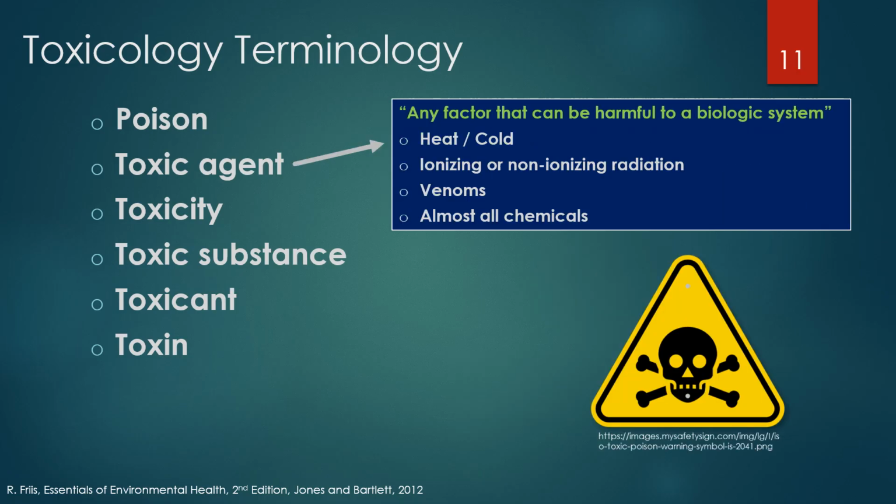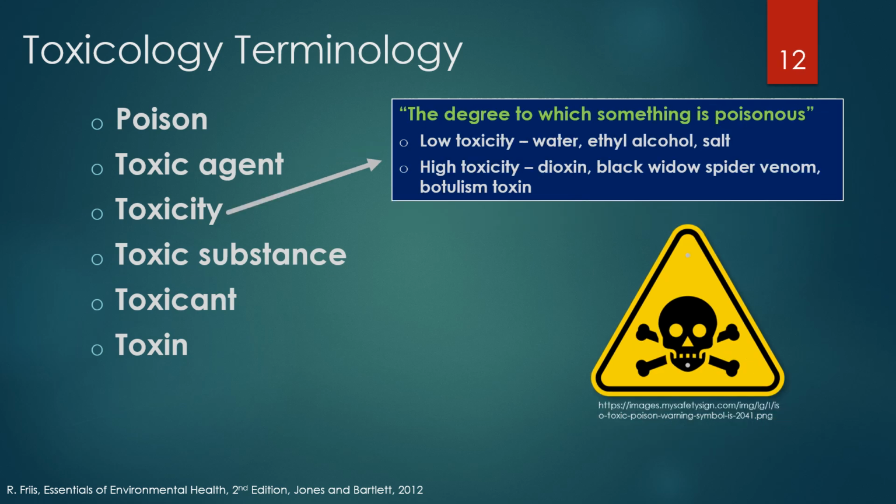A toxic agent is any factor that can be harmful to a biologic system and would include heat and cold, ionizing or non-ionizing radiation, venoms, and almost all chemicals, etc. Toxicity is defined as the degree to which something is poisonous.